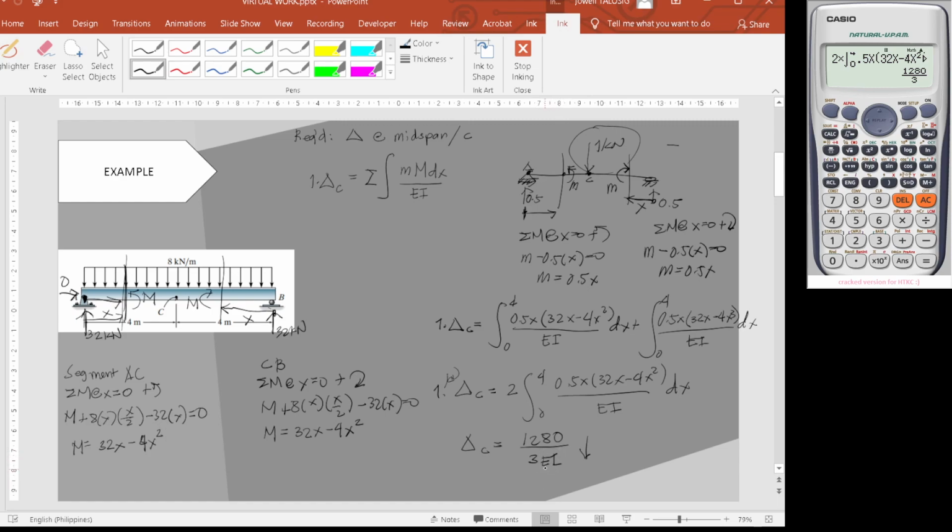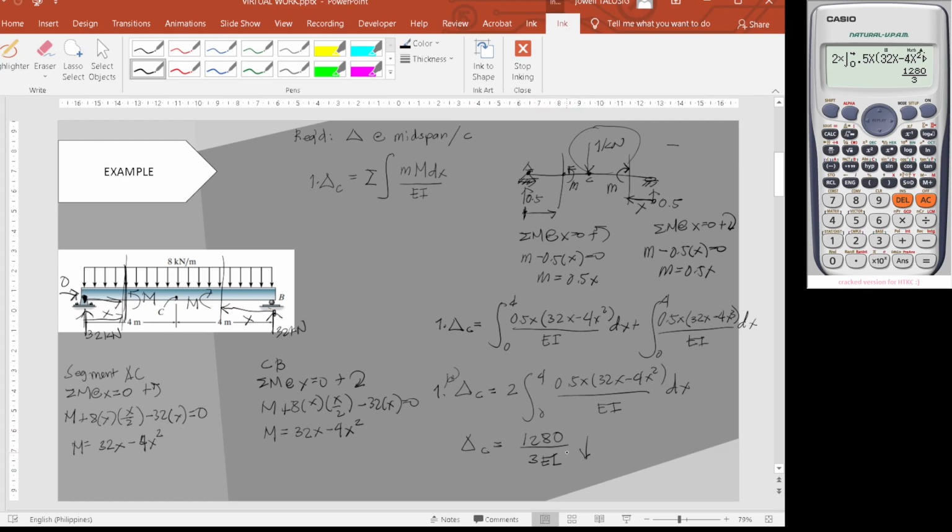Make sure of your units: if you use kilonewton meter in this formula, you need to convert EI to kilonewton meter. So the 1 kilonewton will be cancelled out, and the answer here is 1280 over 3 EI.